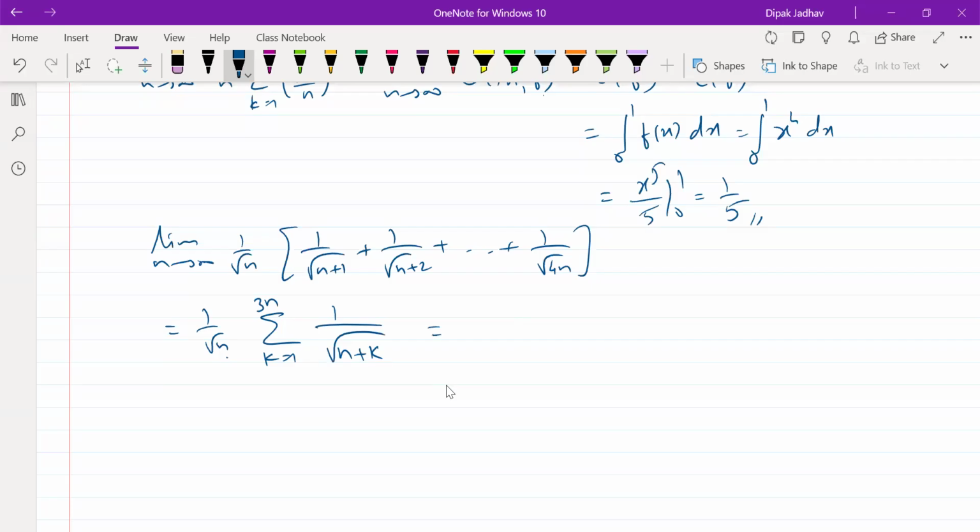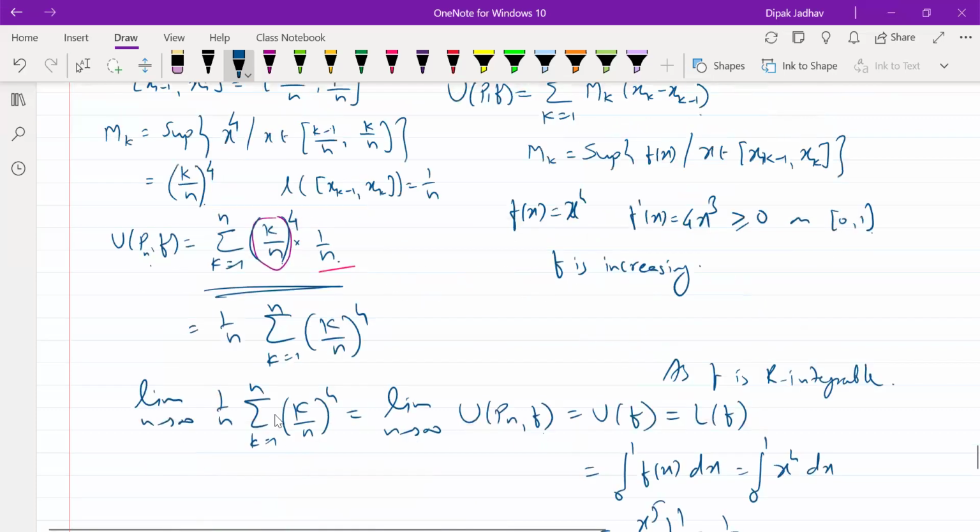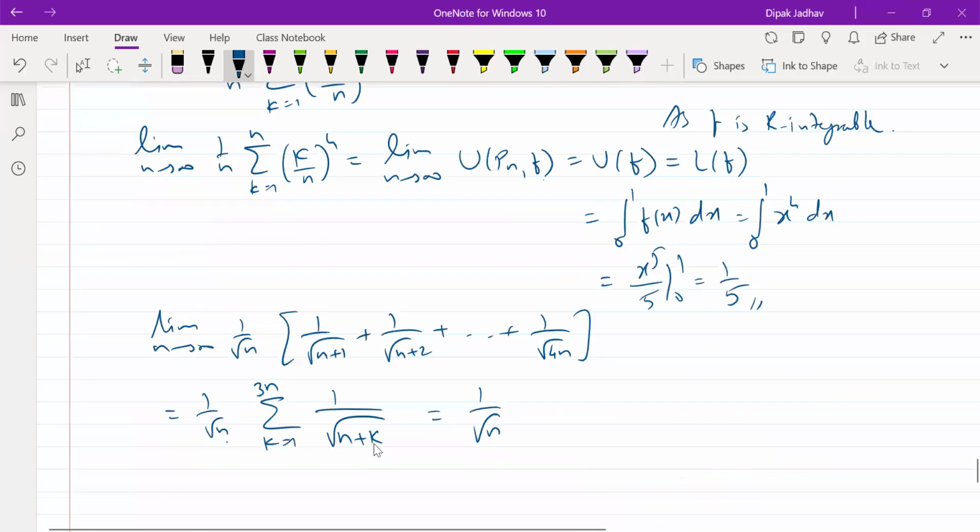Okay, so again, is it possible to bring this in a form that looks like k by n? Yes, we can pull out root n.